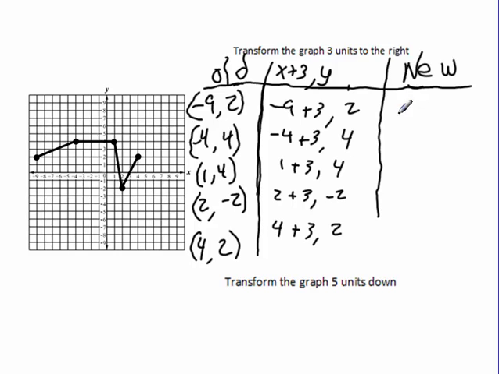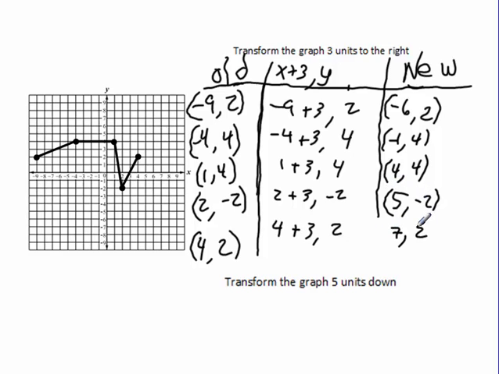So our new points: -9 plus 3 is -6, 2. -4 plus 3 is -1, 4. 1 plus 3 is 4, so 4, 4. 2 plus 3 is 5, and our y value is -2. 4 plus 3 is 7, and our y value still is 2.